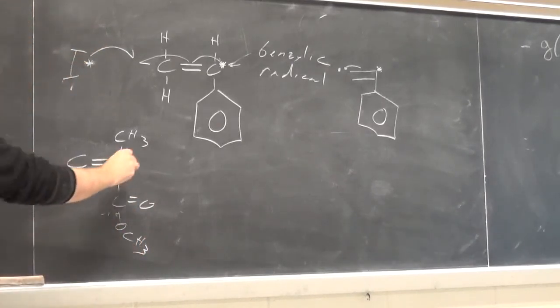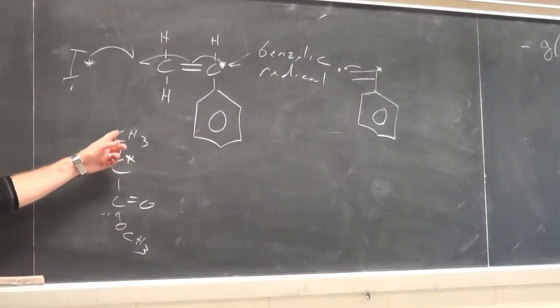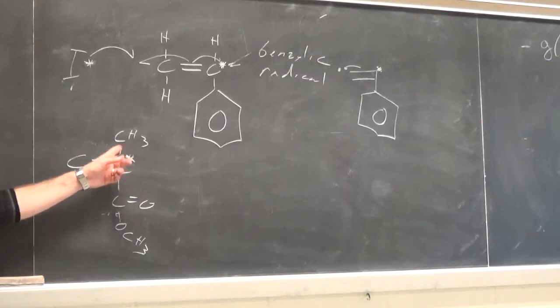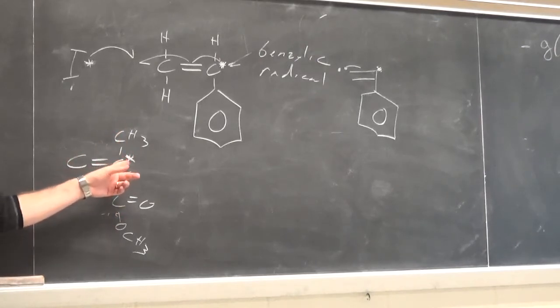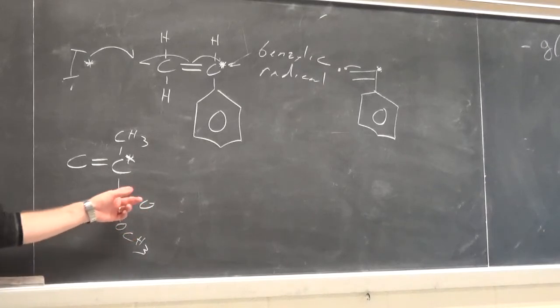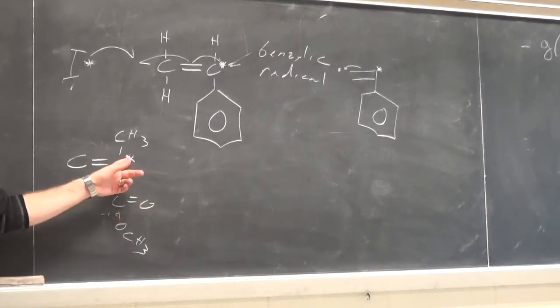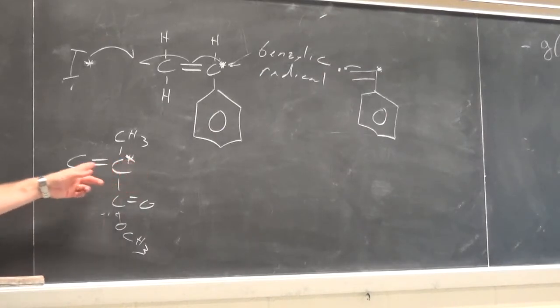If we form the radical here, this one is now a tertiary radical, bonded to 1, 2, 3 carbons, so this thing is stable. It's also helped by the electron withdrawing character of this carbonyl right here. This is the most likely species to form. It's not going to form here.